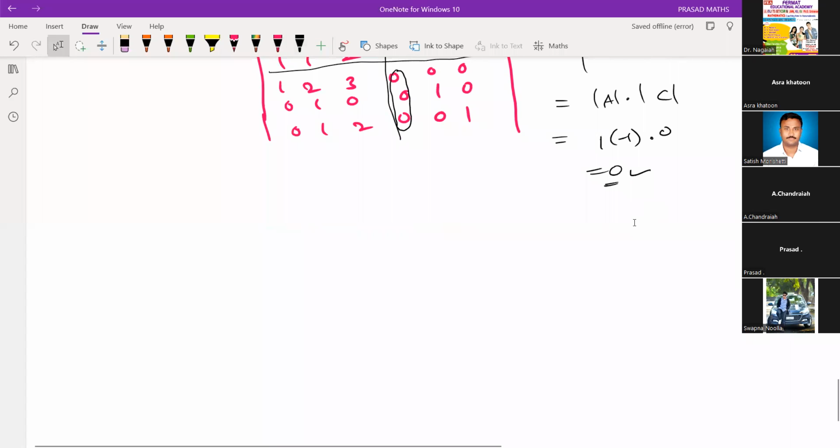Right? So using this idea, in 2012 CSIR, there is a question. 2012 question.